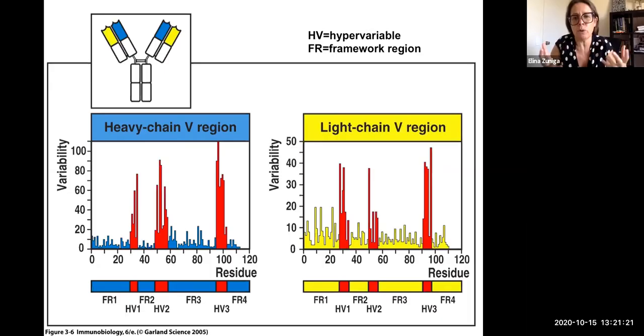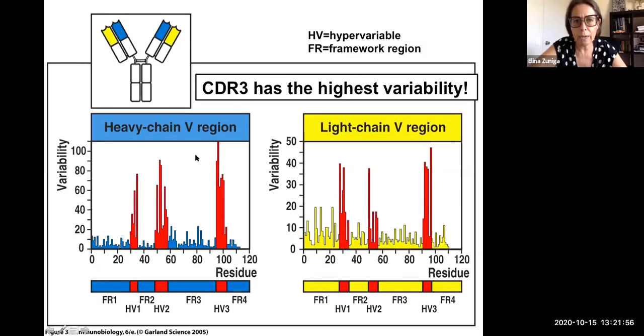We said that the antibodies in our body have millions of specificities, right? The BCR. And so this is the part of the antibody that is in contact with the antigen, so it's defining the specificity of the antibody. And if there are millions of different specificities, it makes sense that there is great variability in the amino acids that are forming these hypervariable regions that are in contact with the antigen.